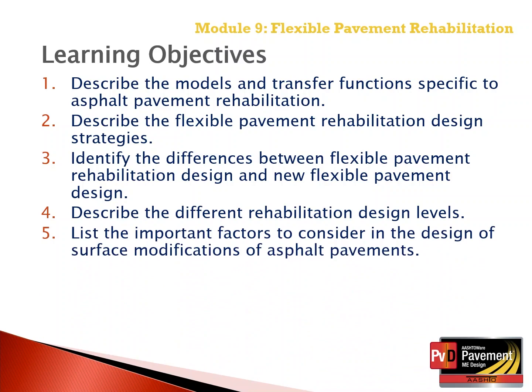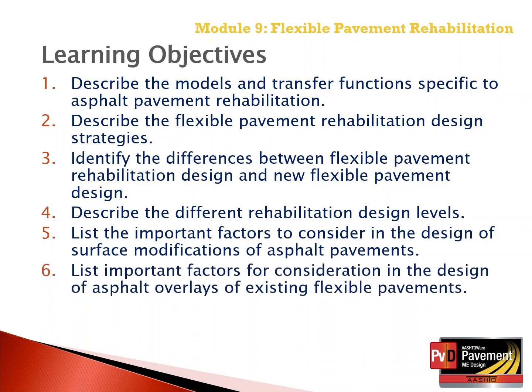The fifth is to list the important factors to consider in the design of surface modifications for asphalt pavements. This item 5 is for basically structurally adequate asphalt pavements. Objective number 6 is to list important factors for consideration in the design of asphalt overlays of existing flexible pavement.